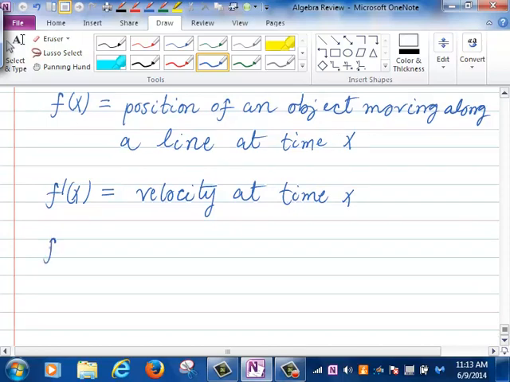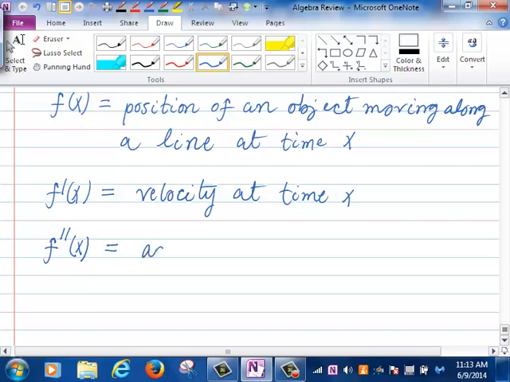Now if you take the derivative, so when I write f double prime of x, I mean that I am taking the derivative of f prime. Okay? So what is that? Well, that's the instantaneous rate of change of velocity, right? And what's the term for that?